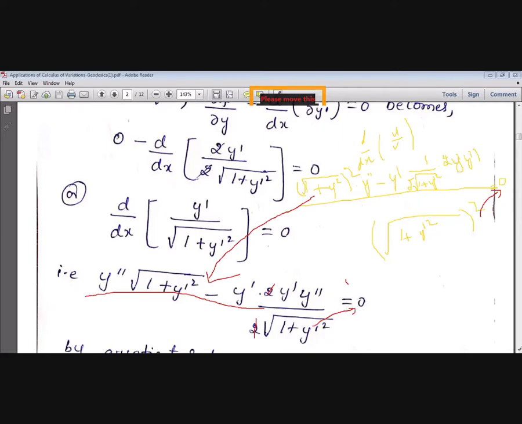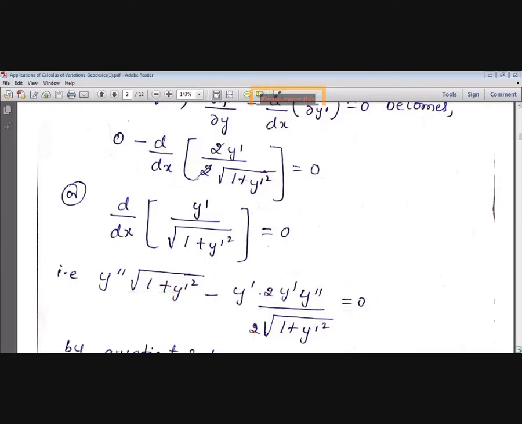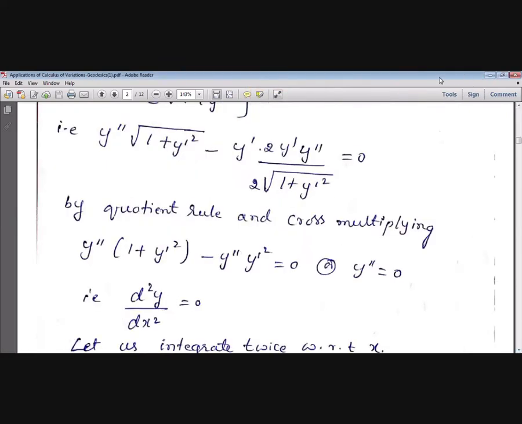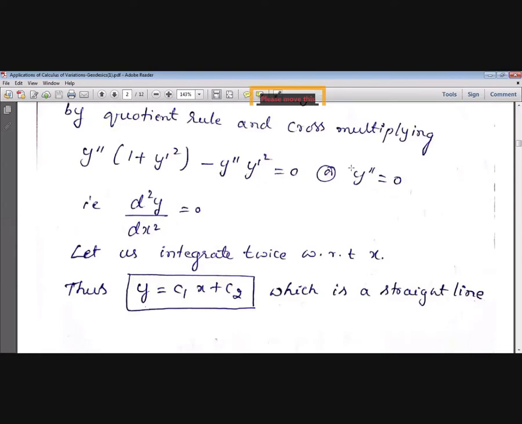Then after this, take y double dash common.